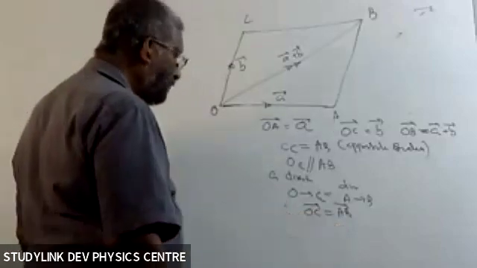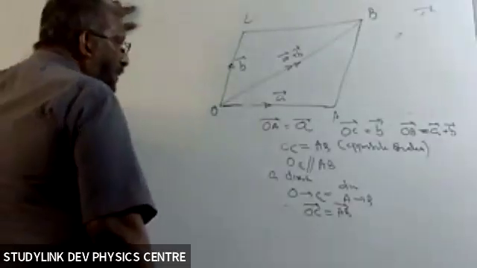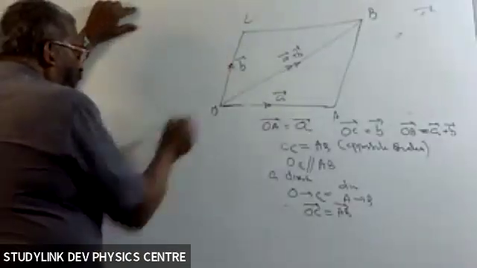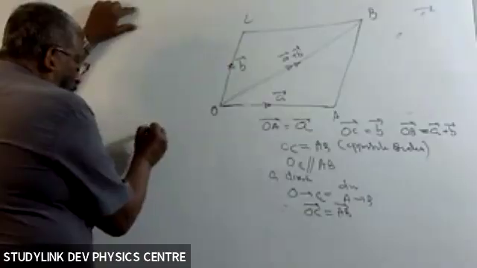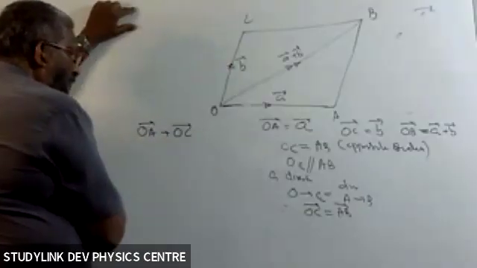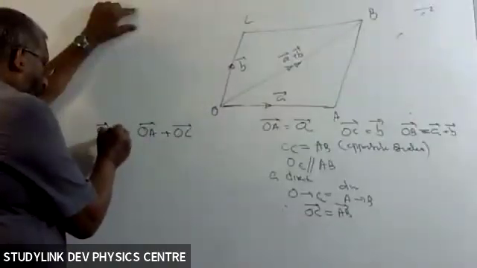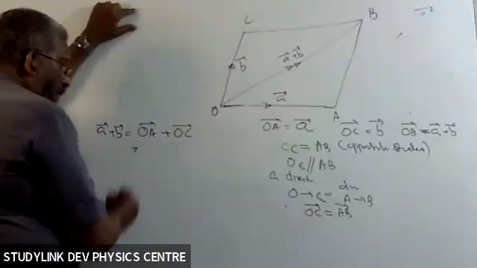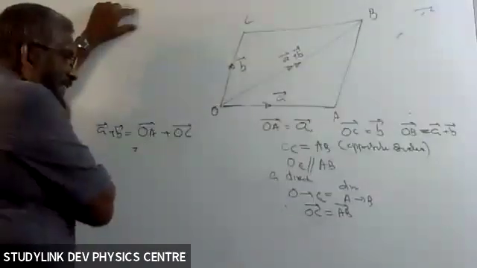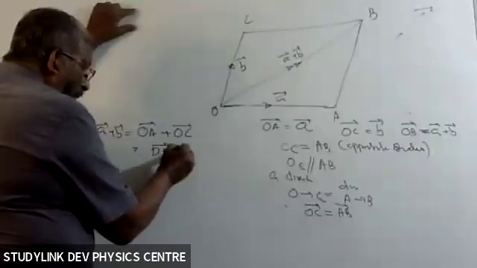So therefore, now we'll start with the other part. We want to add the two vectors OA plus OC. That means simply A plus B. Here OC is equal to AB, so OA plus AB.